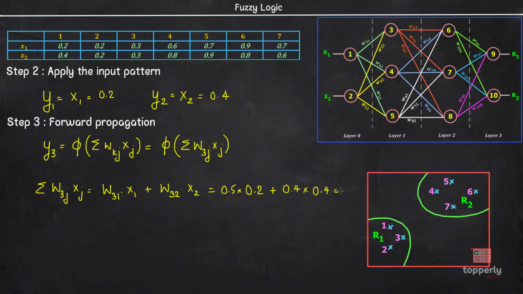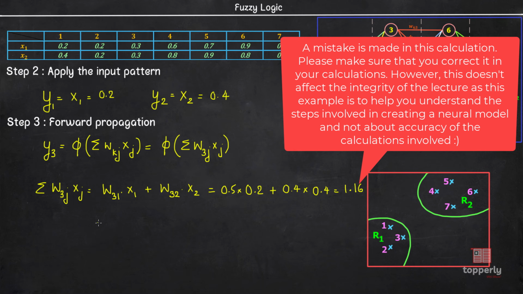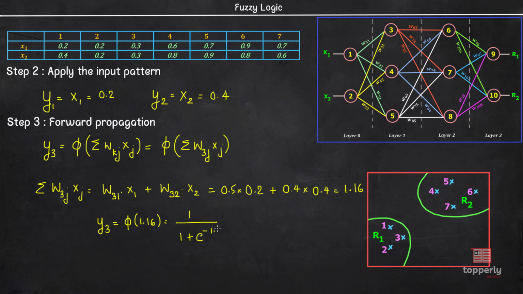And this is equal to 1.16. So y3 is equal to phi of 1.16, which is equal to 1 by 1 plus e raised to minus 1.16, which is equal to 0.7613.